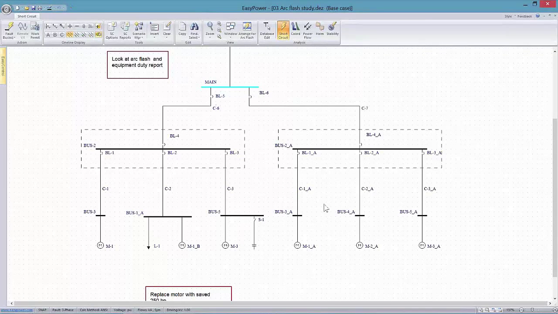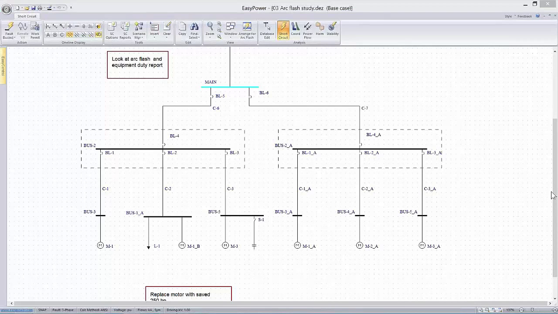So it's very much a different use of the term duty when you're talking about power system design. So good question, and if you've got more questions on that, please send me an email, because it is important to understand that, especially when you're in the arc flash mode.